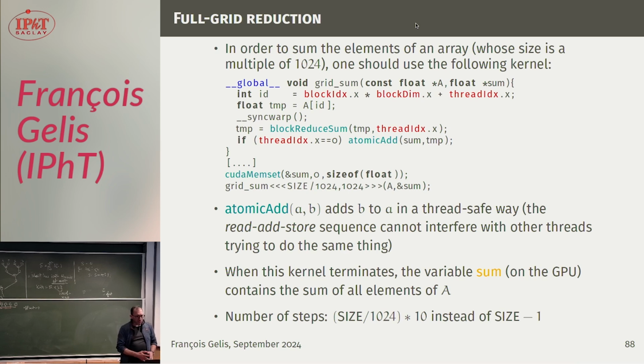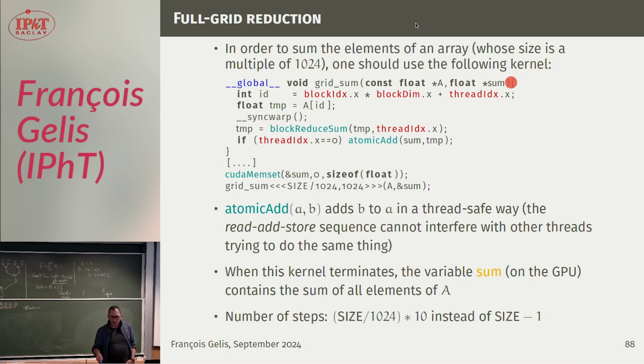Here, for the code to be simple, I assume that the size of the array is a multiple of the block size, so a multiple of 1024. If it's not, then you have to treat the last partial block as a special case. So you have this function, which is a CUDA kernel. It has a first argument which is the array that you want to sum.